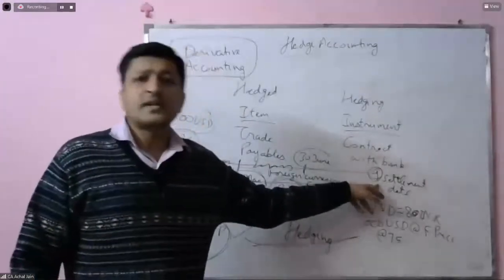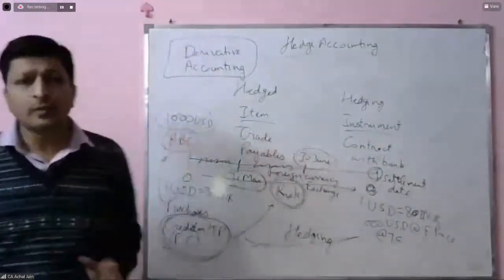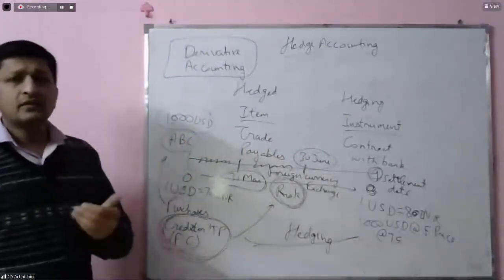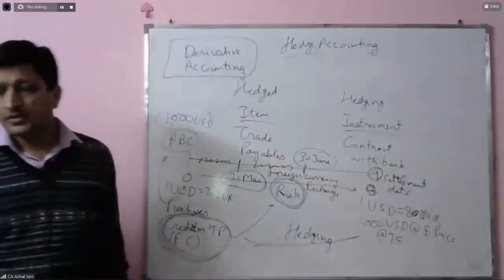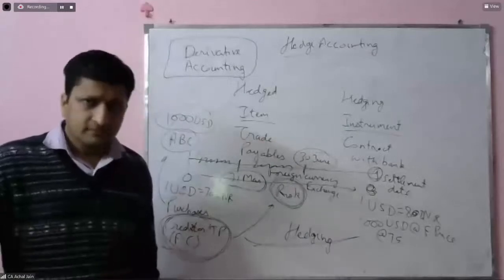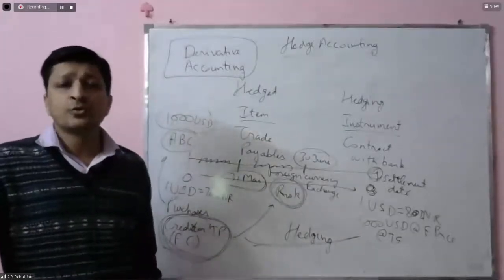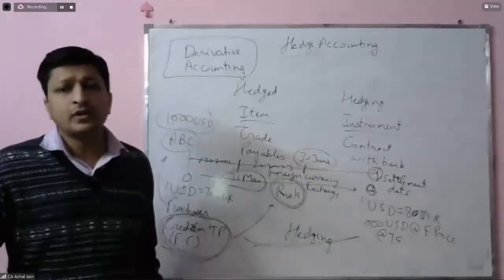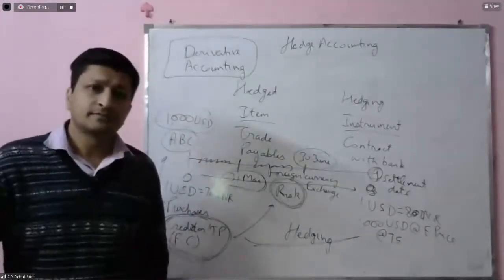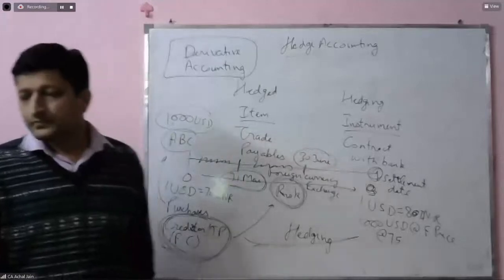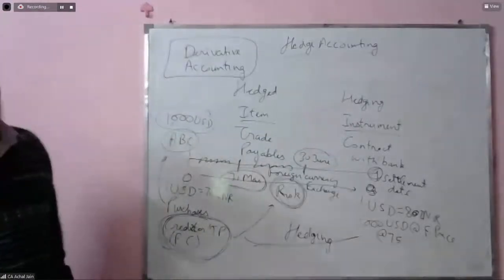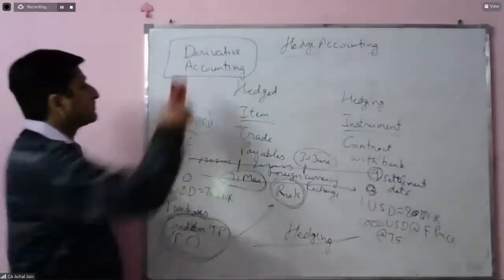Because at the time of settlement, whatever impact comes will go to P&L only, because up to then, things can get neutralized. So that's the reason why an entity may choose to go in for hedge accounting as compared to derivative accounting.